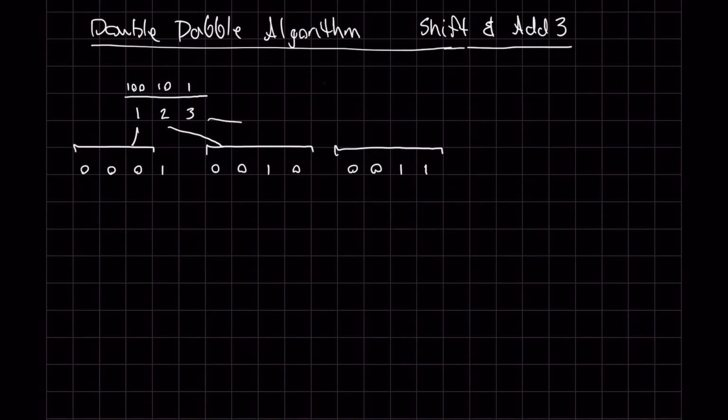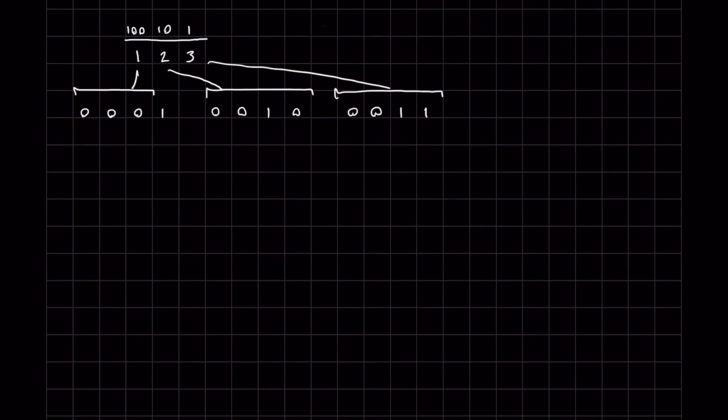Now, what would this look like in binary? Well, let's say we have an 8-bit binary number. We know the most significant digit would be the 128th place. Next, 64, 32, 16, 8, 4, 2, the ones place.